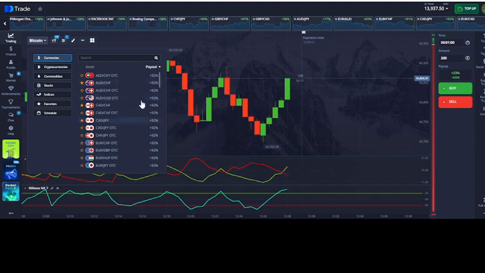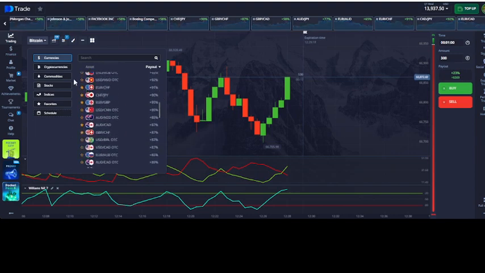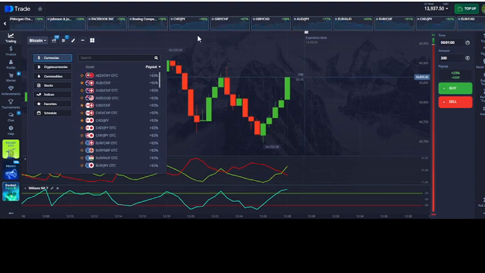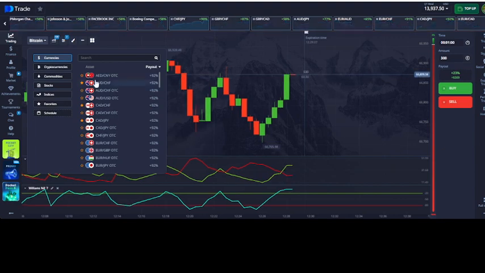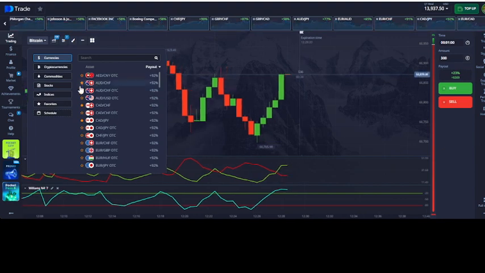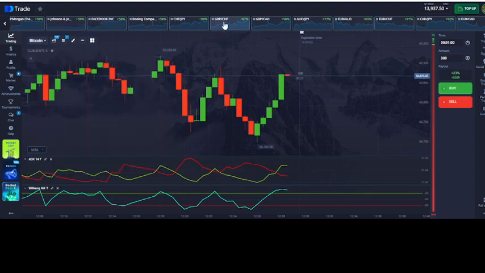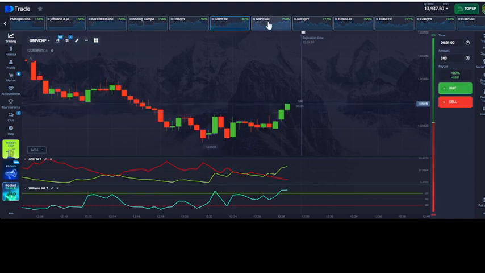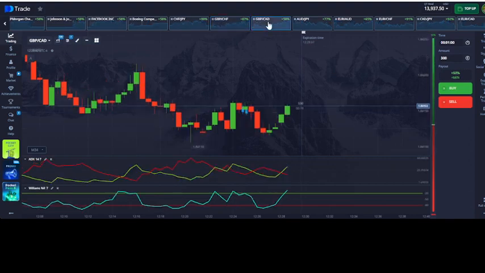If you notice, in this drop down menu here, I've checked off all my regular currency pairs. I will not be trading OTC pairs today. That way they show up when you check the star icons here. The assets appear at the top of the chart, so I can quickly go through the various charts and analyze them.